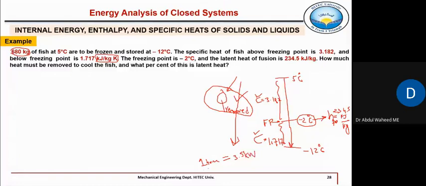So when we say our refrigerator has a capacity of 1 ton, it simply means that it can absorb 3.5 kilowatts of heat from the space to be cooled. So we should know how much heat should be removed from that space so that its temperature can be maintained at the desired temperature.